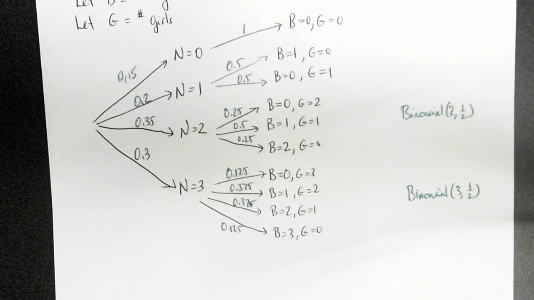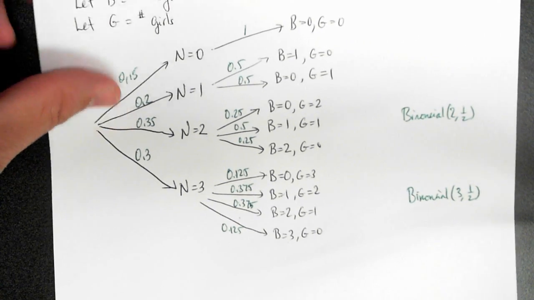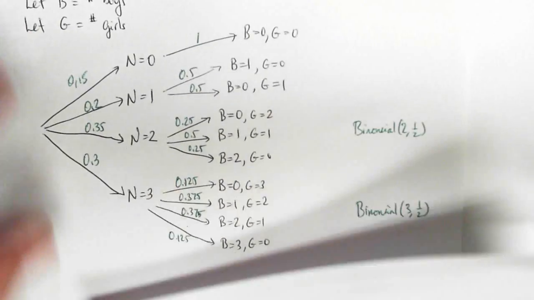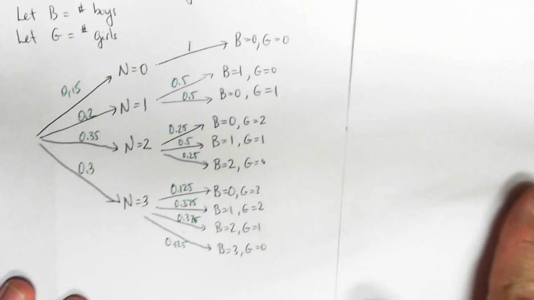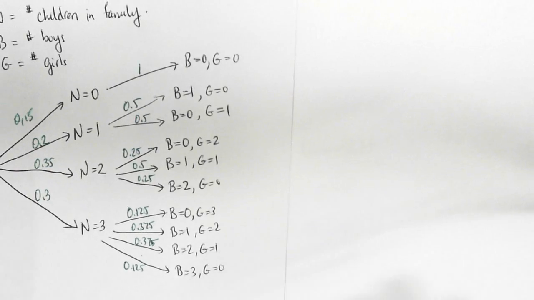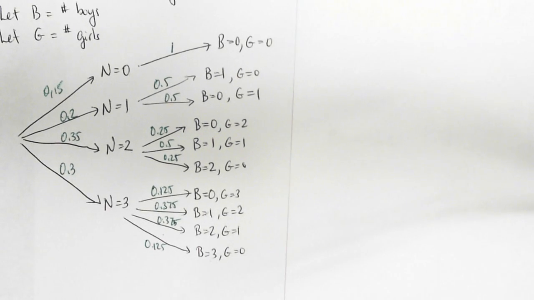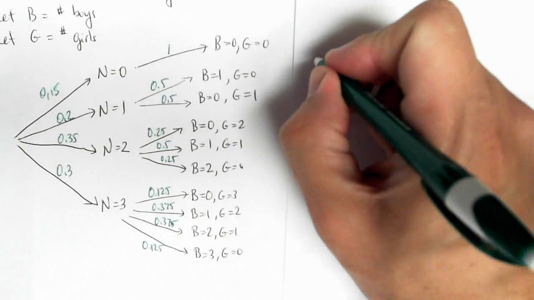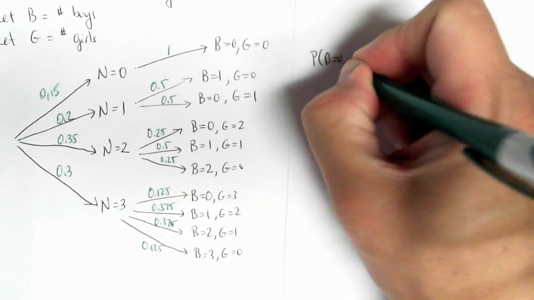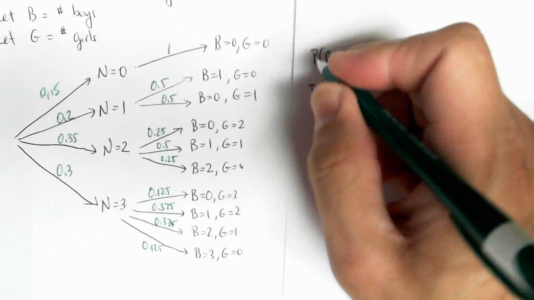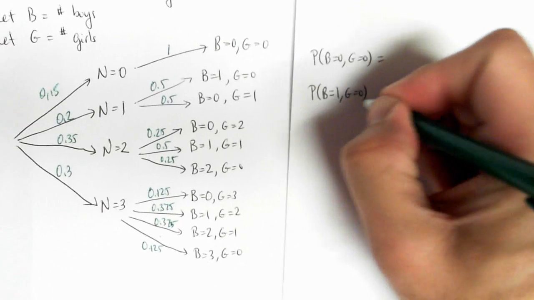Okay, so from this chart, we can now figure out the joint distribution. Let me keep this chart here, and I'll write the joint distribution next to it. Let's lay out a table. The probability of 0 boys, 0 girls. The probability of 1 boy, 0 girls.